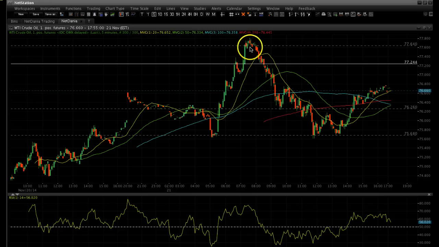Now another thing is, once oil trades up to where the alert line is, that alert line will disappear. Since it's already triggered, it's going to leave, so you'll have to replace it. So you can always do it like this. You see I put a line there.